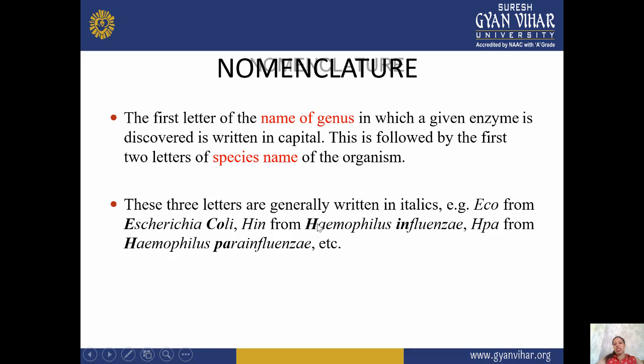Similarly, the genus is Haemophilus, so H is there, and influenzae, in is there, so Hin. Similarly, Hpa, H is from the genus Haemophilus, and pa from parainfluenzae. So this is the basic way to name the restriction endonuclease.